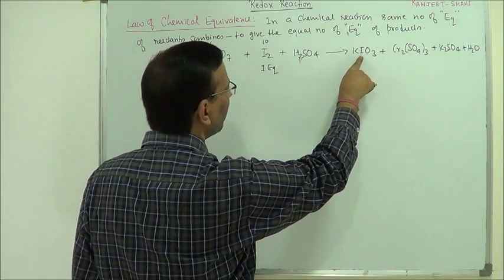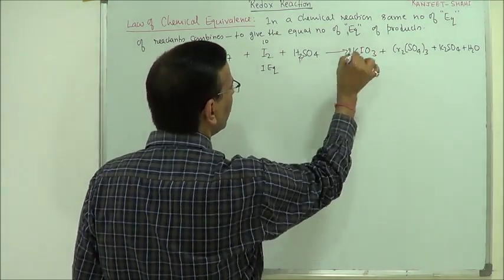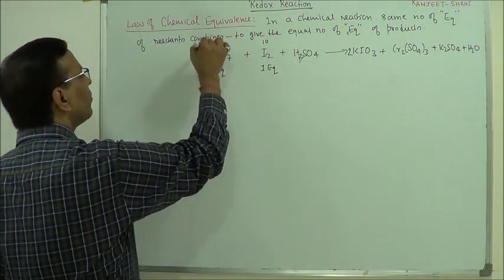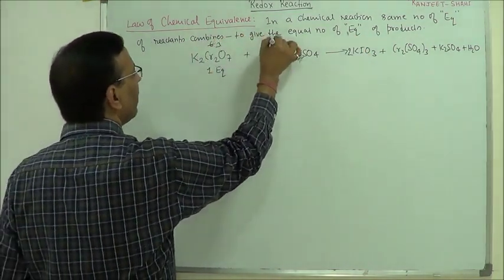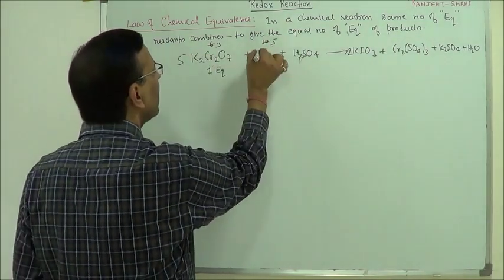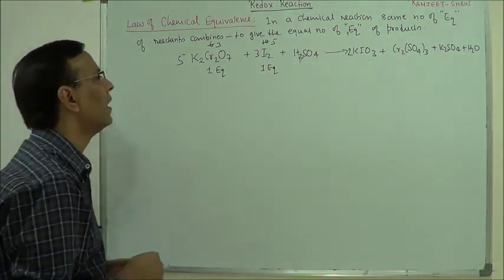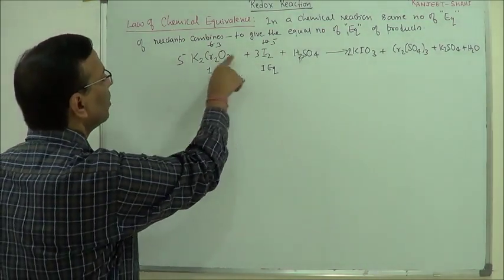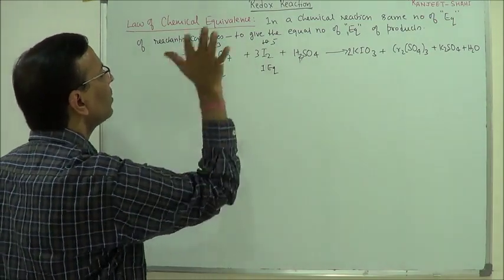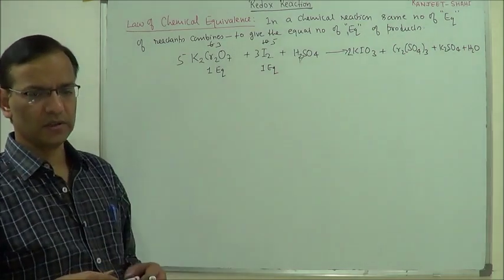Here iodine is in plus 5, so for I2 we have 2 times plus 5, which is 10. We have a common factor here, 3 and 5. So when we balance, we find 5 here and 3 here. These are the stoichiometric coefficients of the oxidizing and reducing agent in the balanced redox reaction.